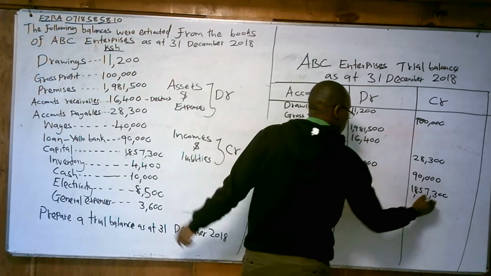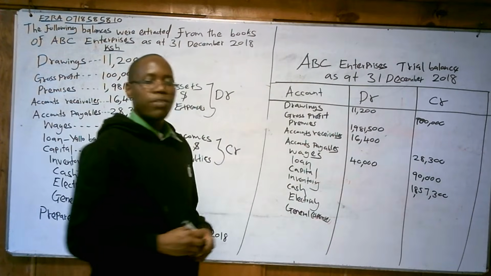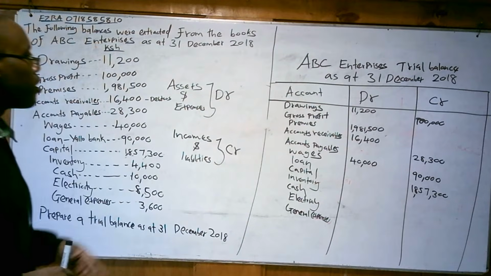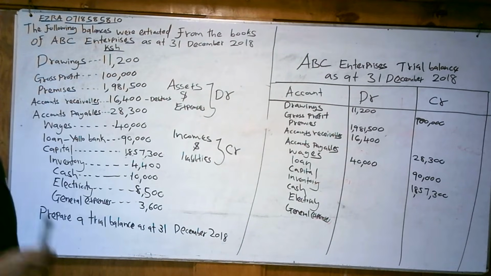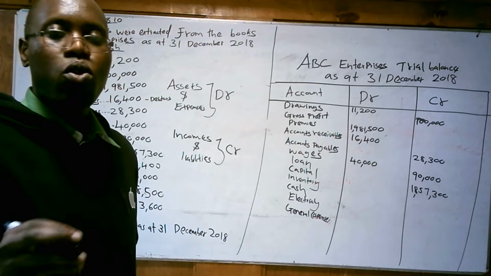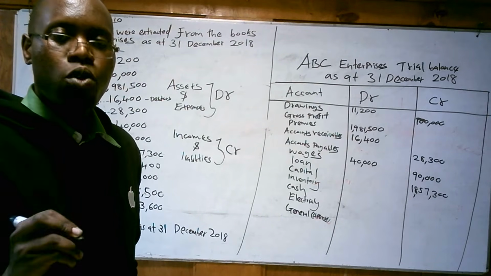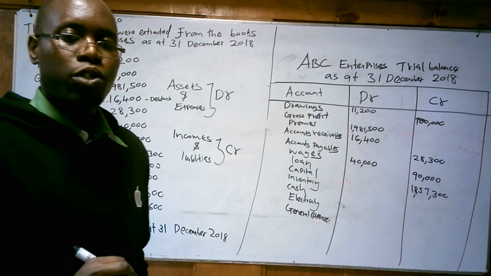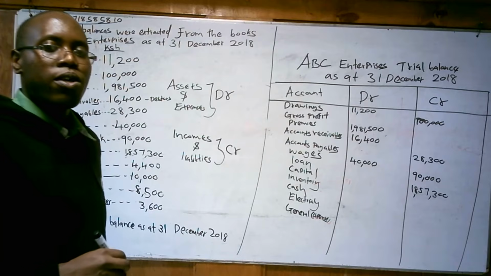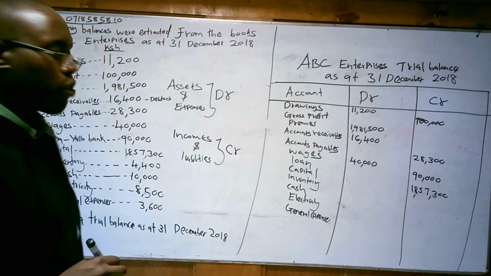That capital is going to appear on the credit side of the trial balance, because capital is a special liability. Whenever you see capital, it will always appear on the credit side of the trial balance.